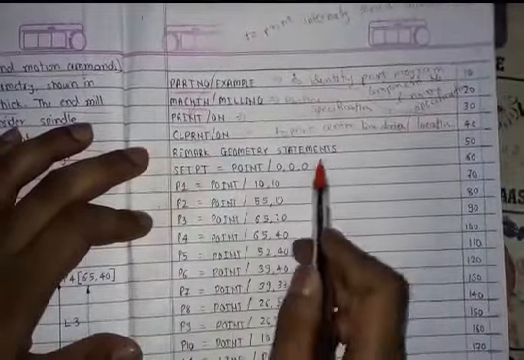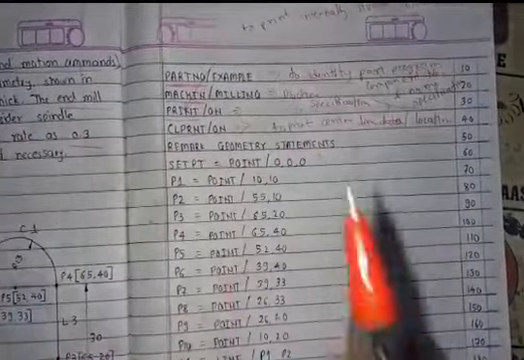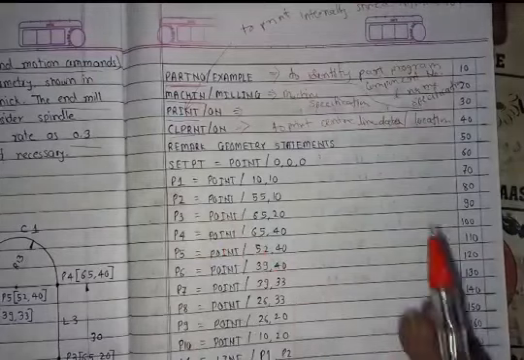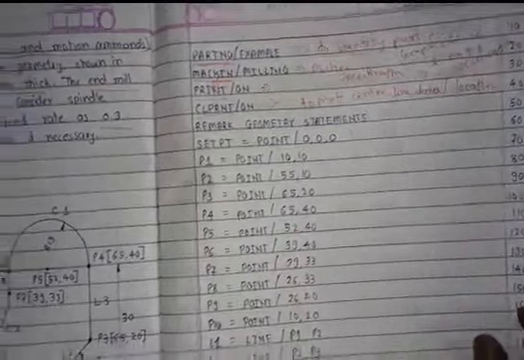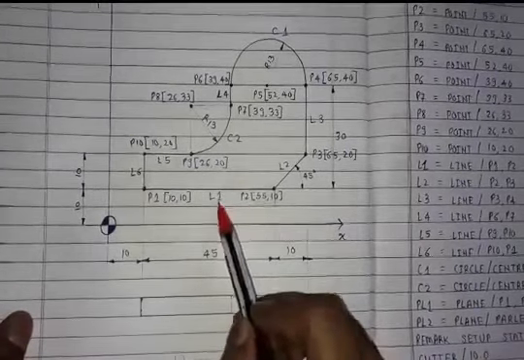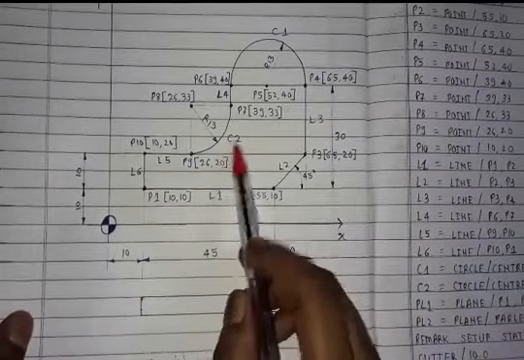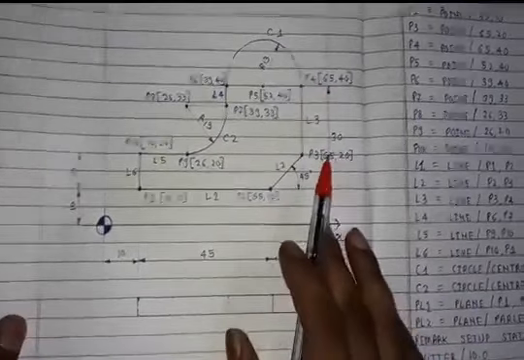Remark geometry statements. Geometry statements are used to define the geometry of the elements that comprise the workpiece. Here the geometry means the points, lines, circle, plane. These are the geometry elements.